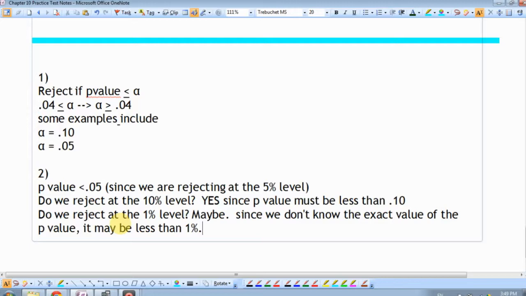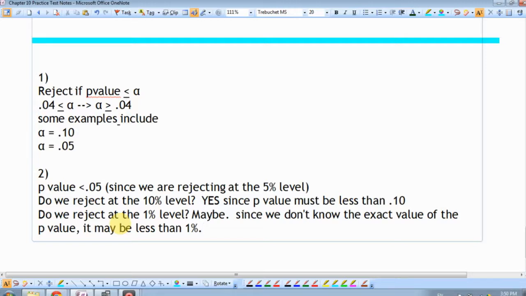We really don't know. All we can tell you is that the p-value is definitely less than 5%. How much less? No idea. Questions on 2?